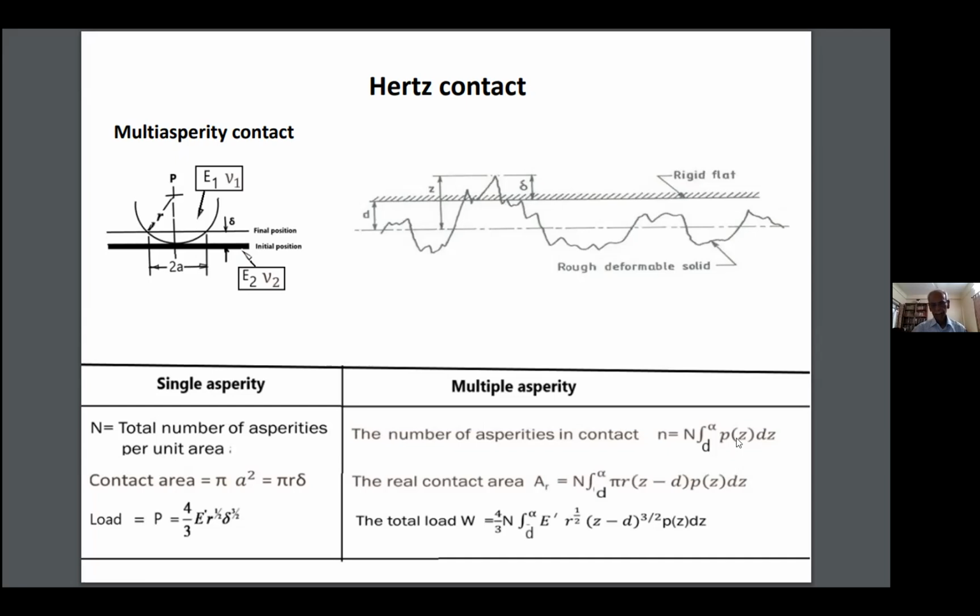This we have discussed in the earlier class. So the probability density function has to be brought in, and we integrate this between D and infinity.